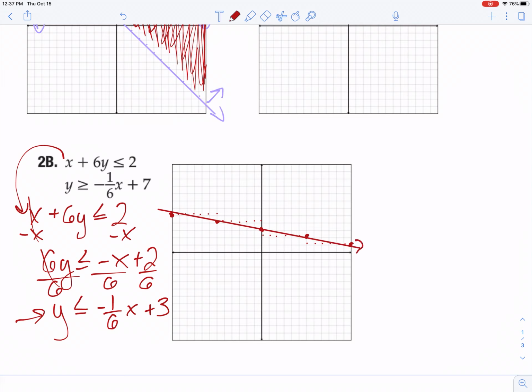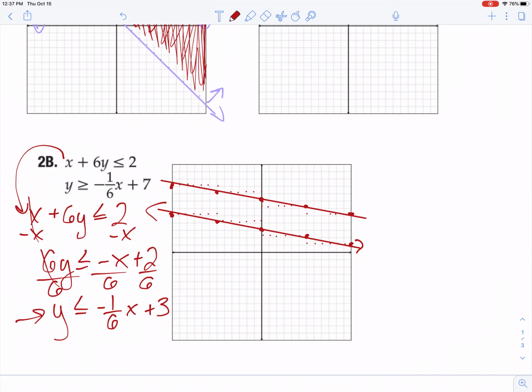It is solid. Okay. All right, let's graph the second line. Up 7. 1, 2, 3, 4, 5, 6, 7. Down 1 over 6. Up 1 over 6. There we go. And connect the dots again.